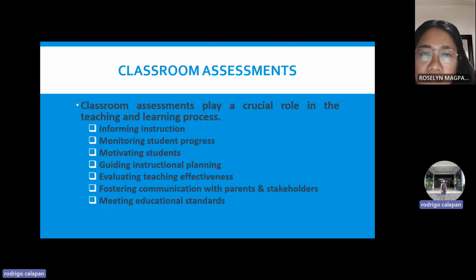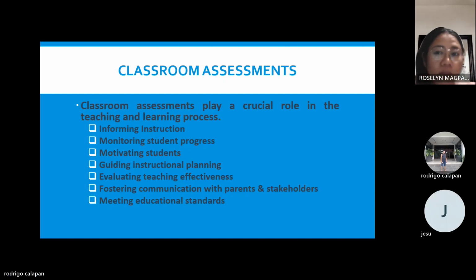The fifth one is evaluating teaching effectiveness. Assessment, as I have mentioned, will help teachers evaluate the effectiveness of their instructional strategies and curriculum.